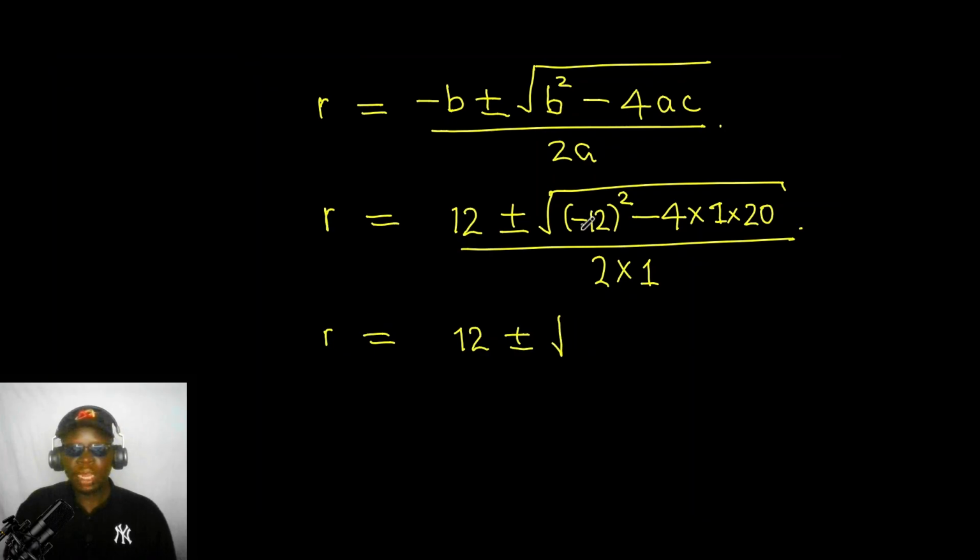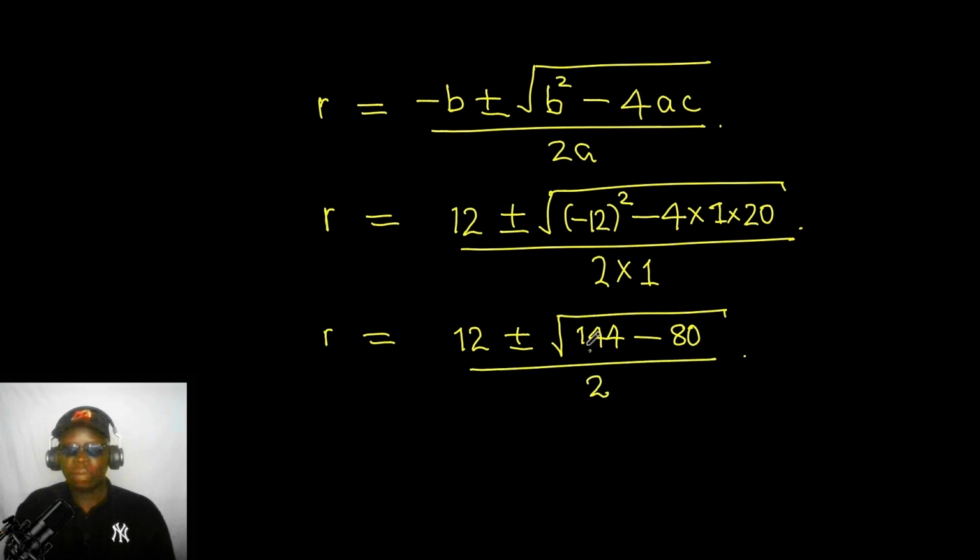So let's go ahead and continue working out the value for r, where we have 12 plus or minus the square root of, when we square a negative, we get a positive, and the square of 12 is 144, minus 4 times 1 times 20, that is 80. The denominator simplifies to 2. Therefore, we subtract 144 minus 80, and that is 64.